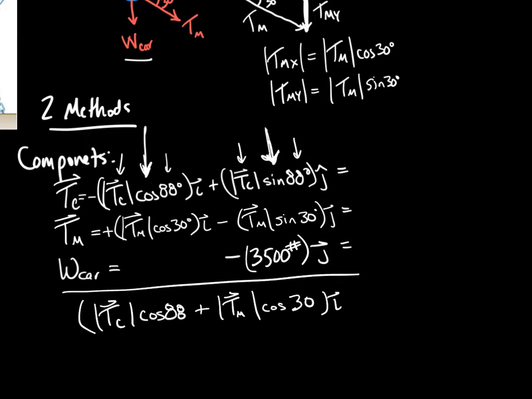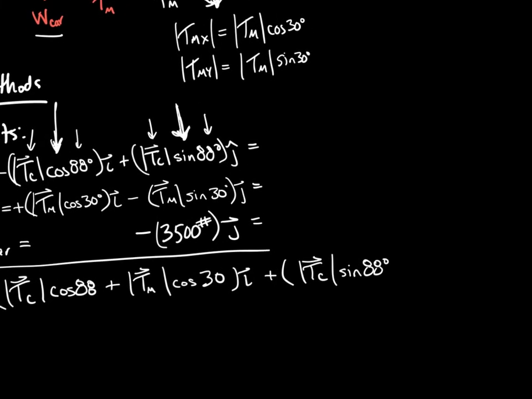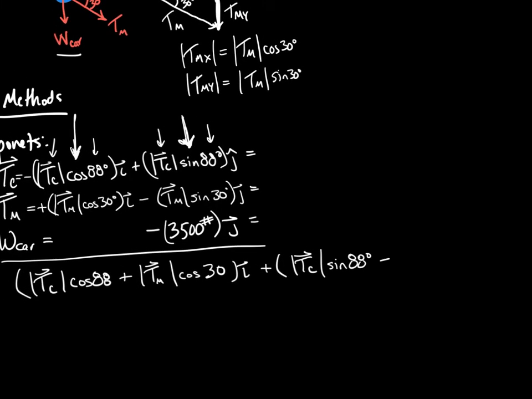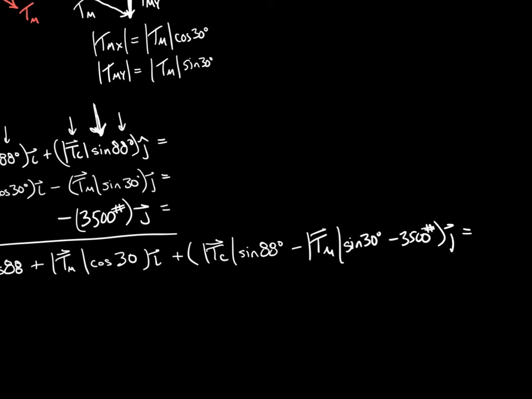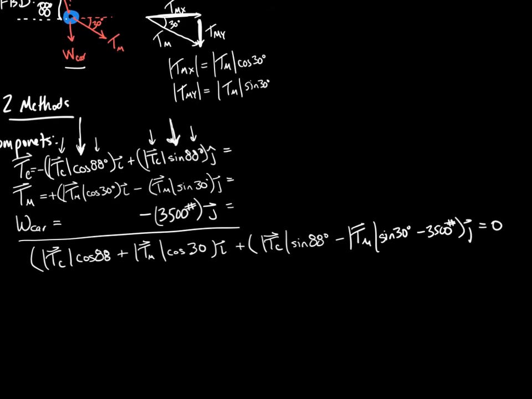Okay, and then plus in the j direction, magnitude of TC sine of 88 degrees, minus magnitude of TM sine of 30 degrees, minus 3,500 pounds j equals 0.